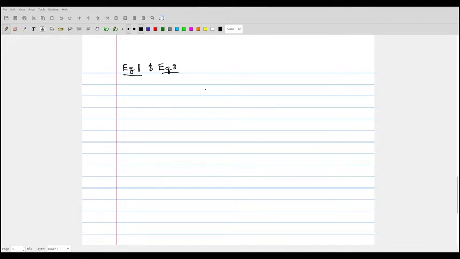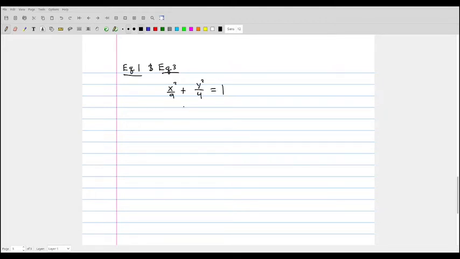Remember, equation 3 is the equation x squared over 9 plus y squared over 4 is equal to 1. I'll just write that right here so we can see directly what we're plugging into.